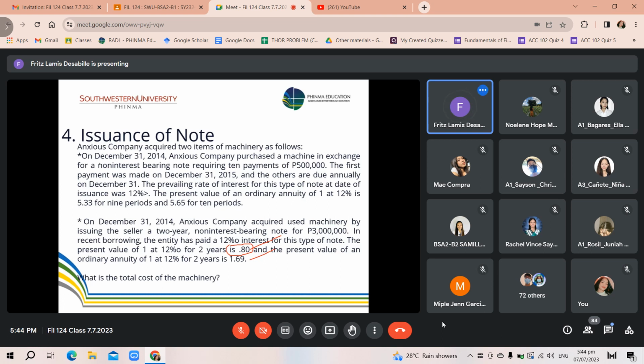I'll read. On December 31, 2014, Anxious Company purchased a machine in exchange for a non-interest bearing note.